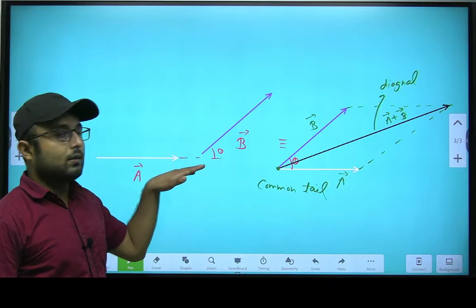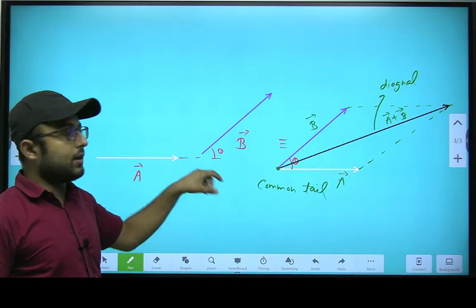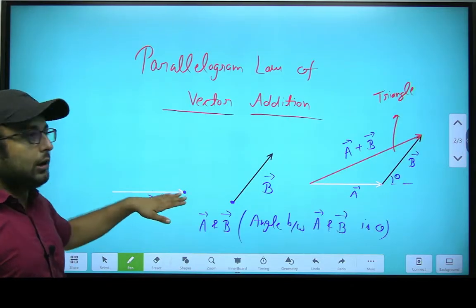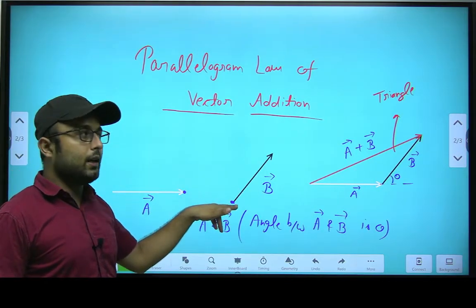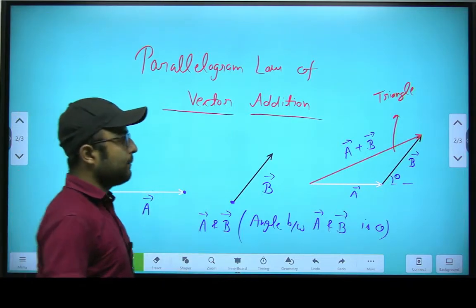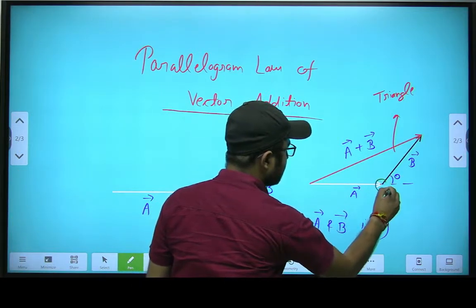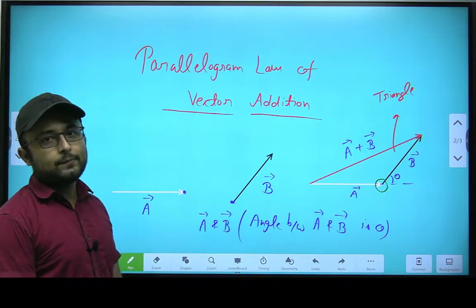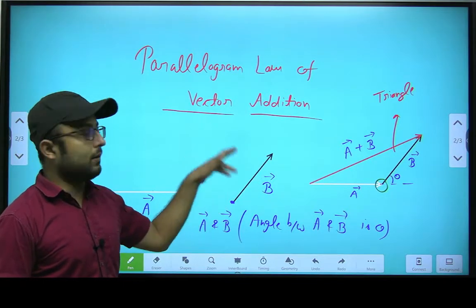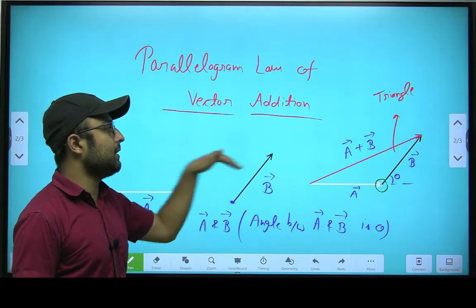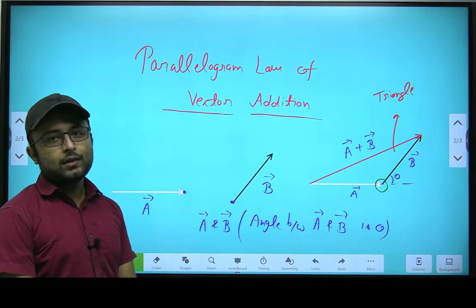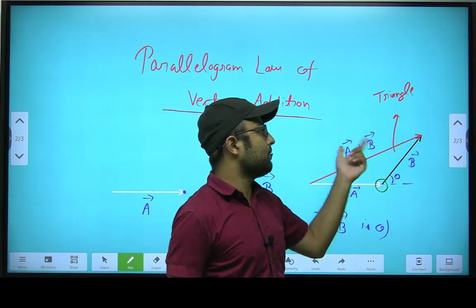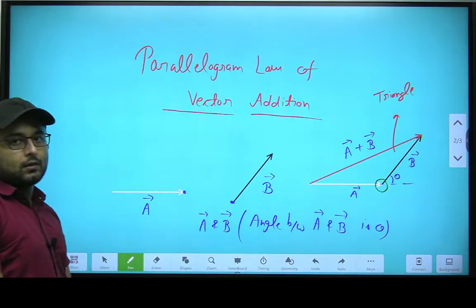So in the polygon law, we join the tail of the second vector to the head of the first vector, then we join the tail of the first vector to the head of the last vector, which gives the sum of the vectors.